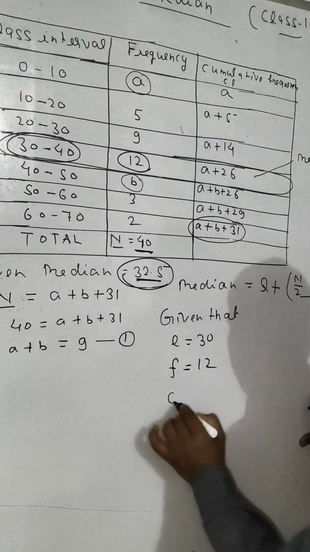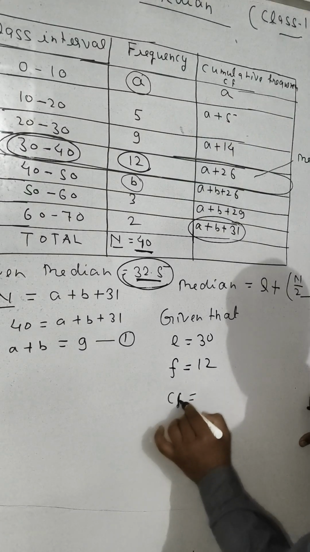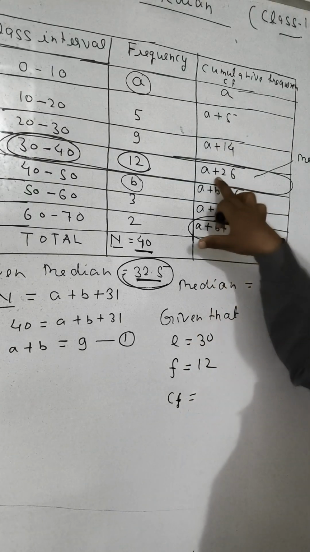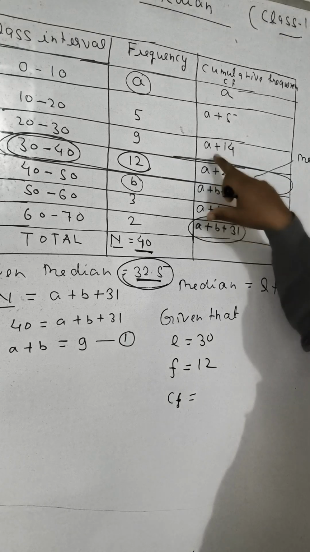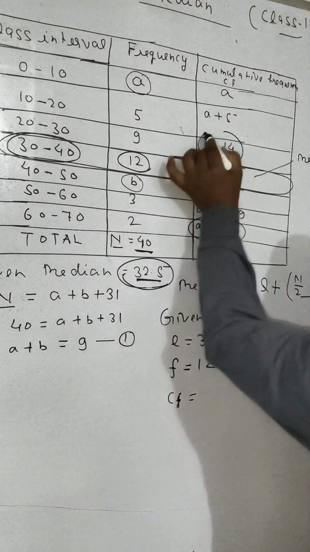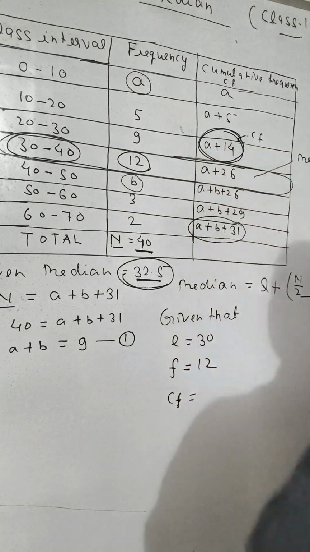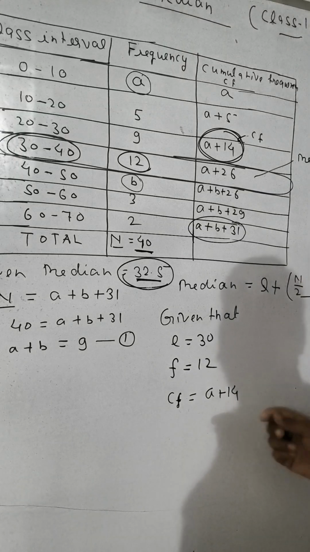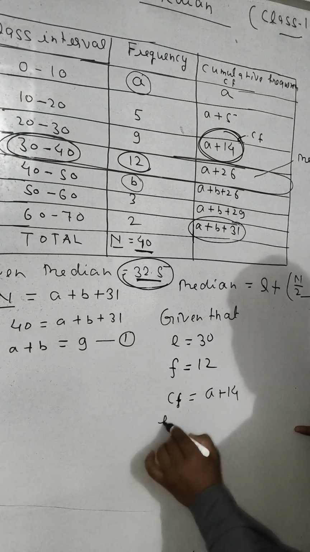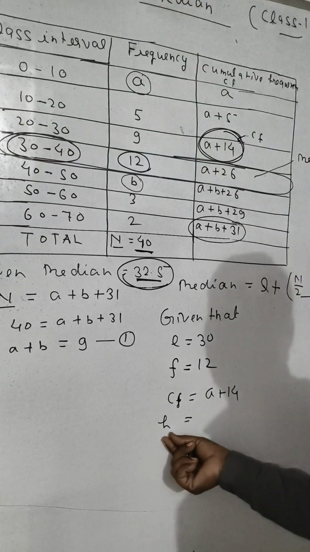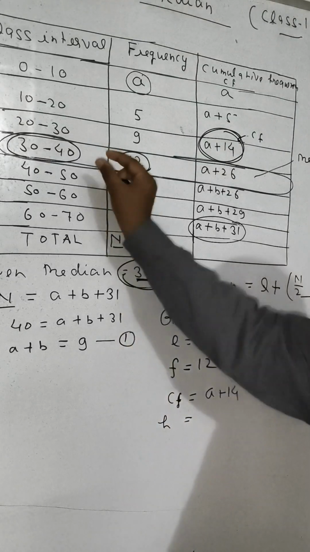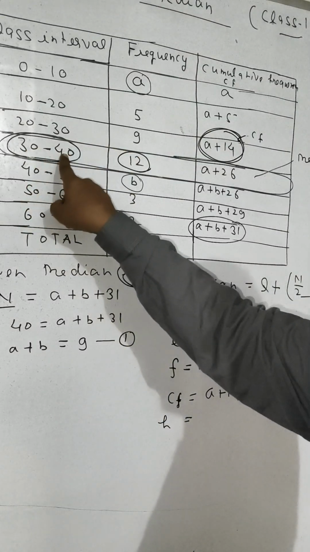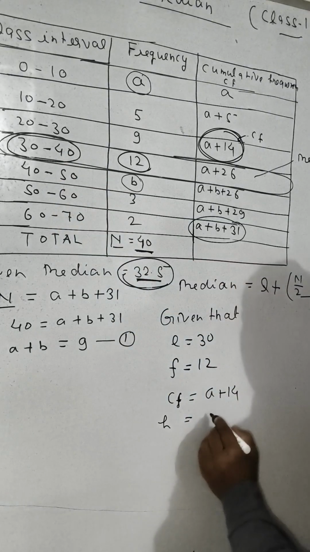And CF is the cumulative frequency of the class preceding the median class, that means A plus 14. So CF will be A plus 14. Now H is the height of the class, that means the size of the class, upper limit minus lower limit, 40 minus 30. So that will be 10.